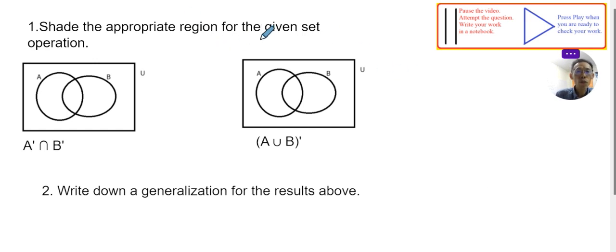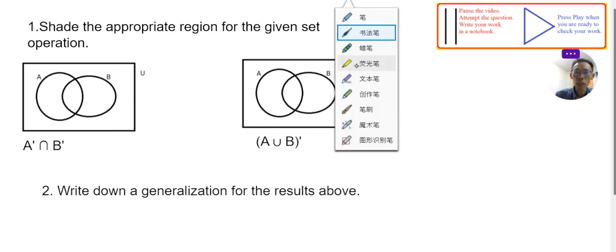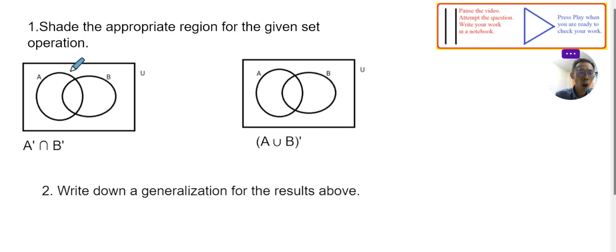Shade the appropriate region for the given set. Not A and not B. Well, let's do this. Not A and not B using color yellow. Not A. So this is everything that is outside of A is not A. And then intersect not B. Everything that is outside of B, and use this color.